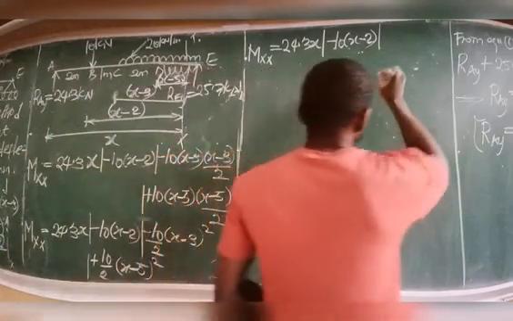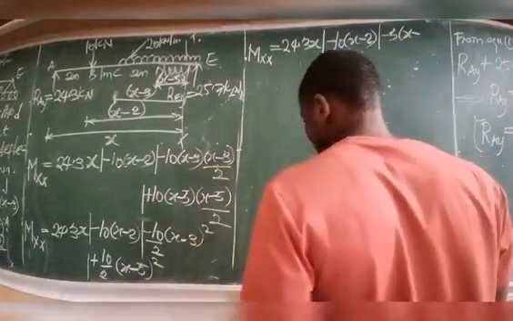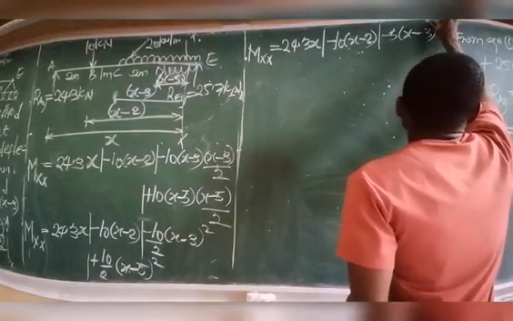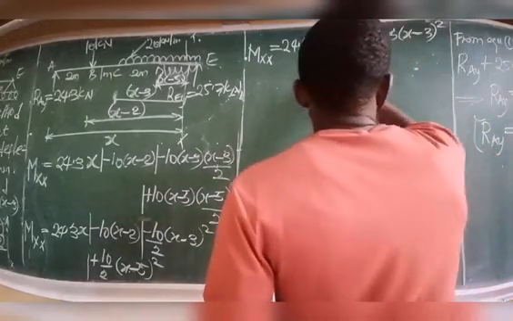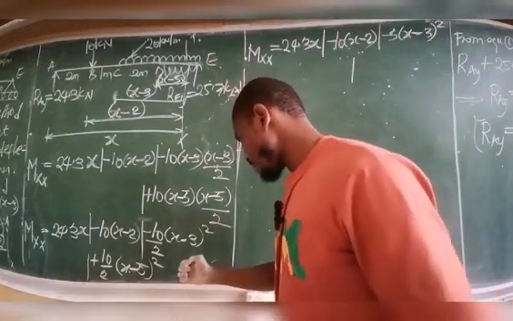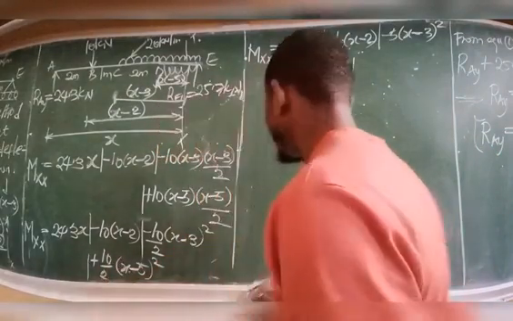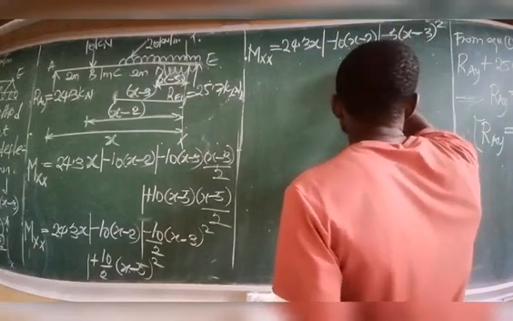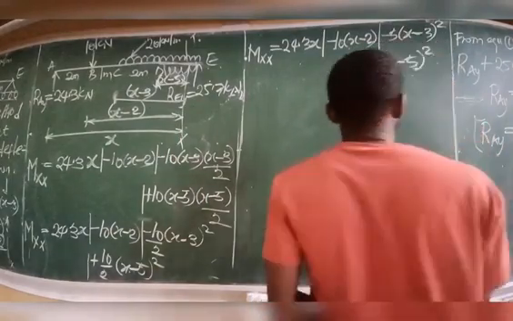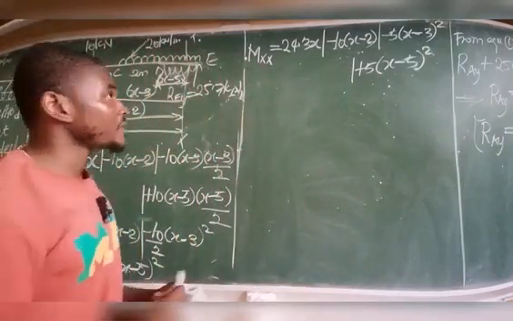So I have minus 5 into x minus 3 all squared. And then finally, same thing happens here: plus 10 divided by 2 gives me plus 5, so I simply have plus 5 into x minus 5 all squared. This becomes my moment equation now.